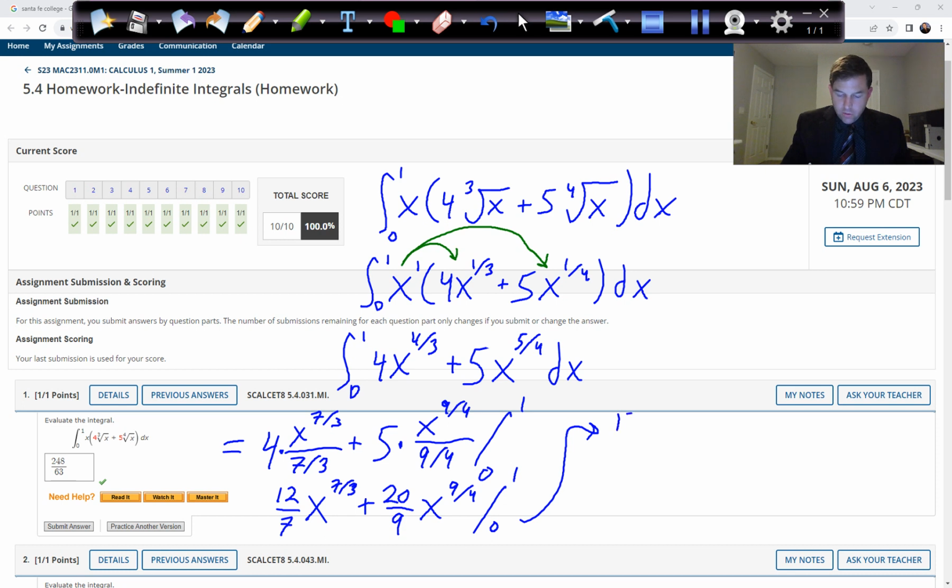When we plug in 1, we'll get 12/7 times 1 to the 7/3 plus 20/9 times 1 to the 9/4. That's the upper limit. Then it's minus the same numbers, but we plug in the lower limit of 0.